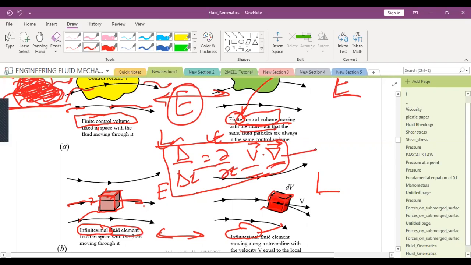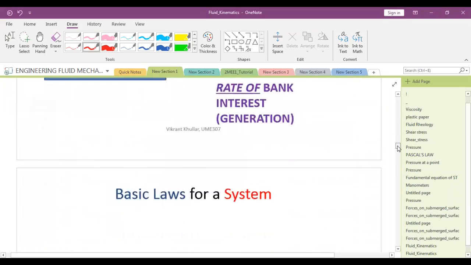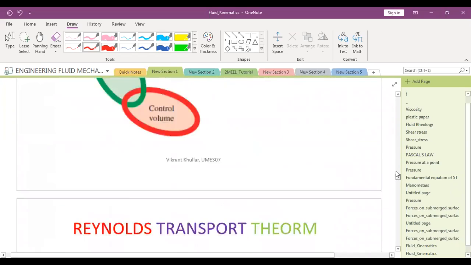So this is the theorem which takes us from Lagrangian to Eulerian or Eulerian to Lagrangian for the case of an infinitesimally small control volume. And the theorem which takes us from Eulerian to Lagrangian or Lagrangian to Eulerian for a finite size control volume is called the Reynolds transport theorem. Is that clear? So please remember this. I am putting it here.